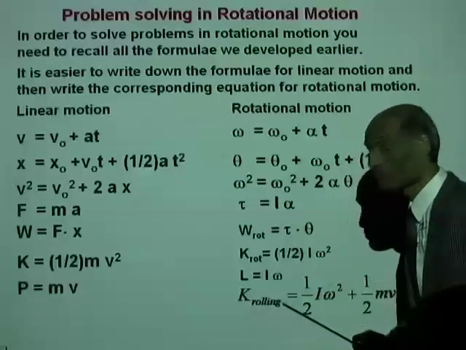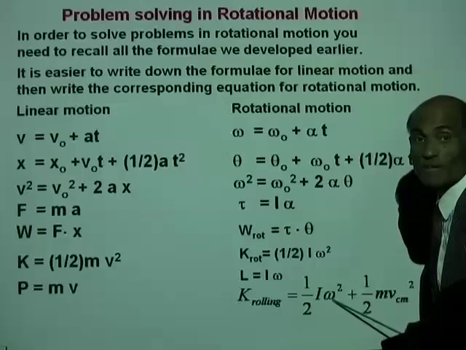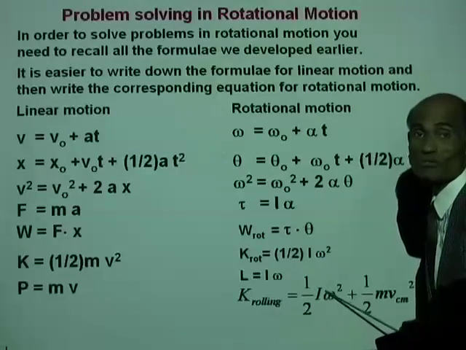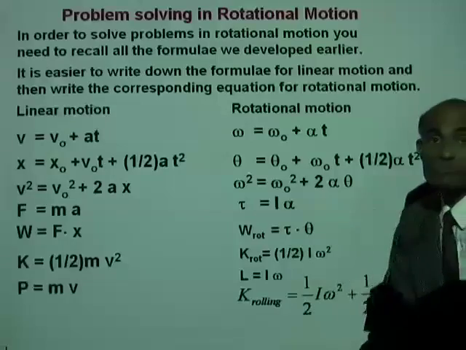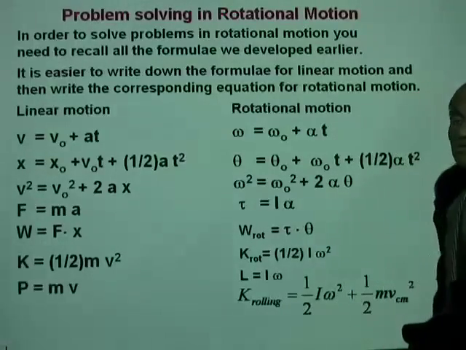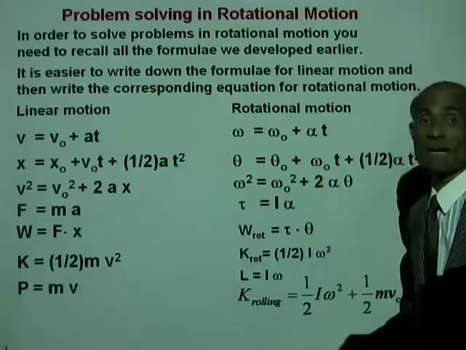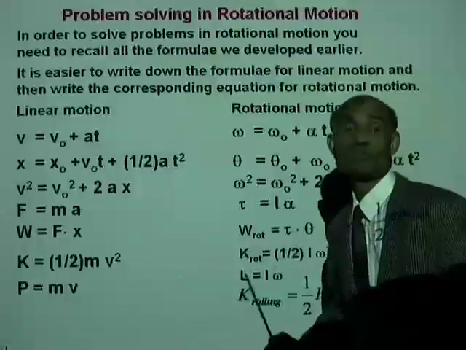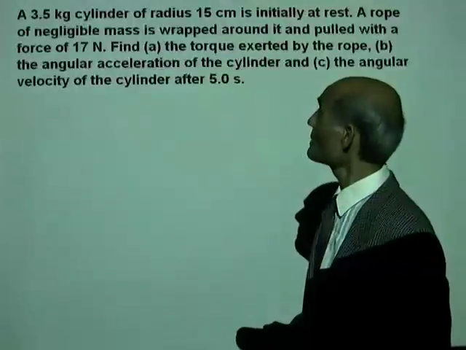Kinetic energy of rolling is 1/2 I omega squared, that is kinetic energy of rotation, plus the kinetic energy of the motion of the center of mass, that is 1/2 m v center of mass squared. Mostly we will be using these equations. Alright, let's look at the problem.